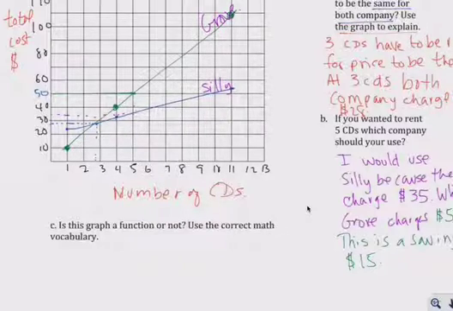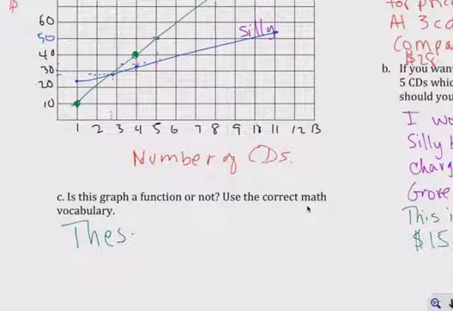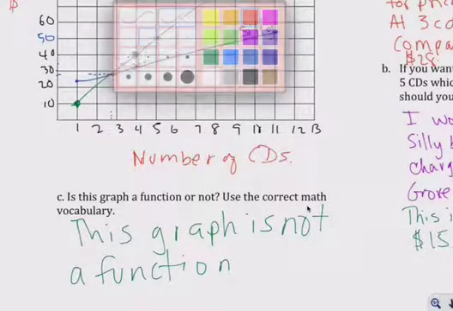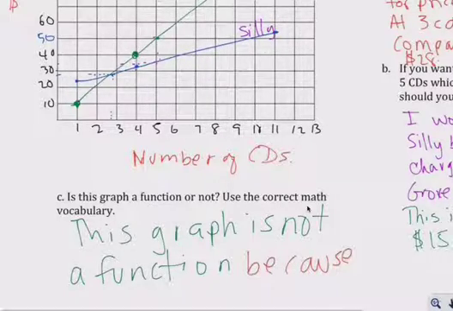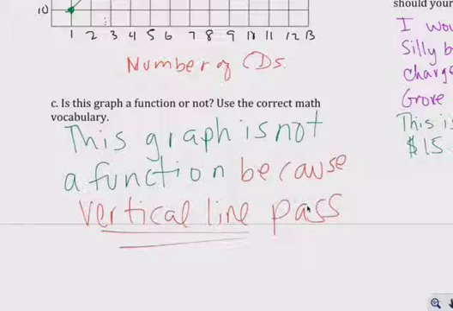Okay, these two graphs together are not a function because, here's the vocabulary word I'm looking for, because the vertical line passes the graph twice.